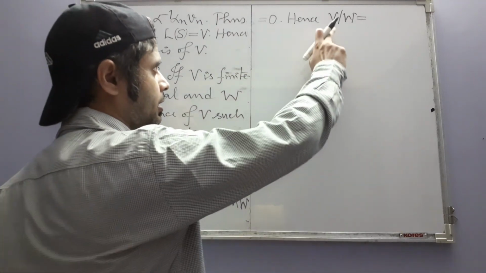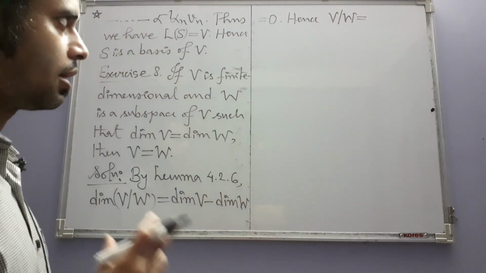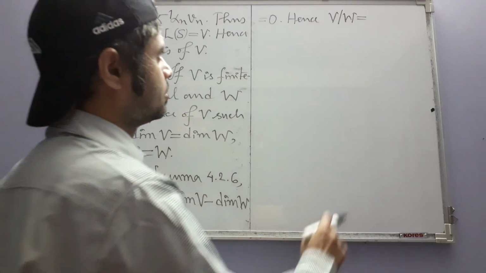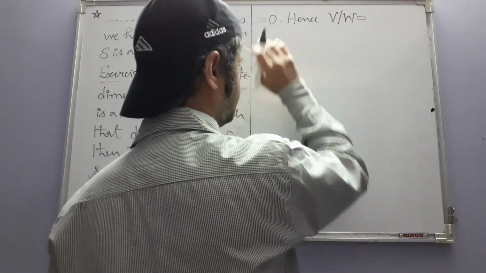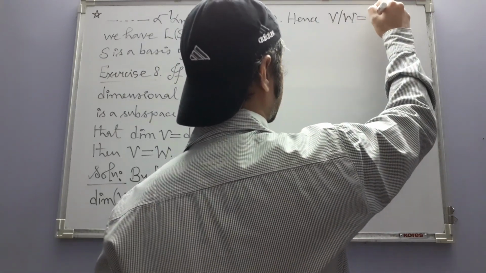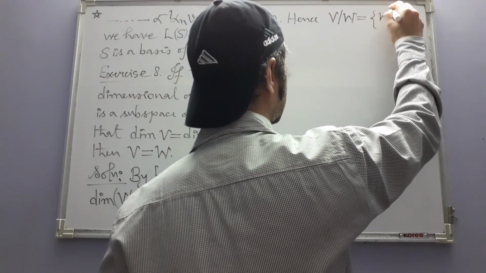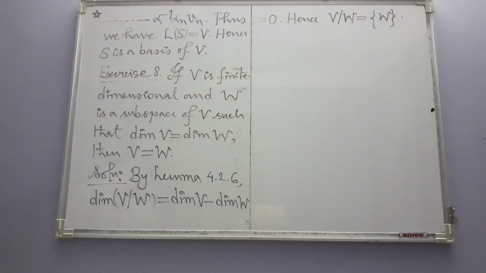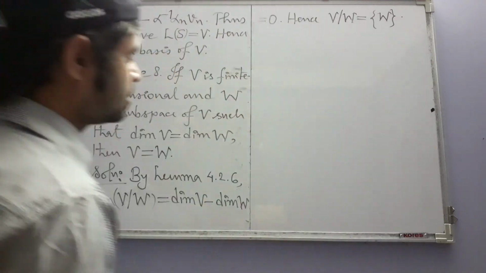Recall that the vectors in this quotient space are cosets of W in V. So the fact that it's the 0 space tells us that it consists of only the 0 element, which is W. So this is equal to W.